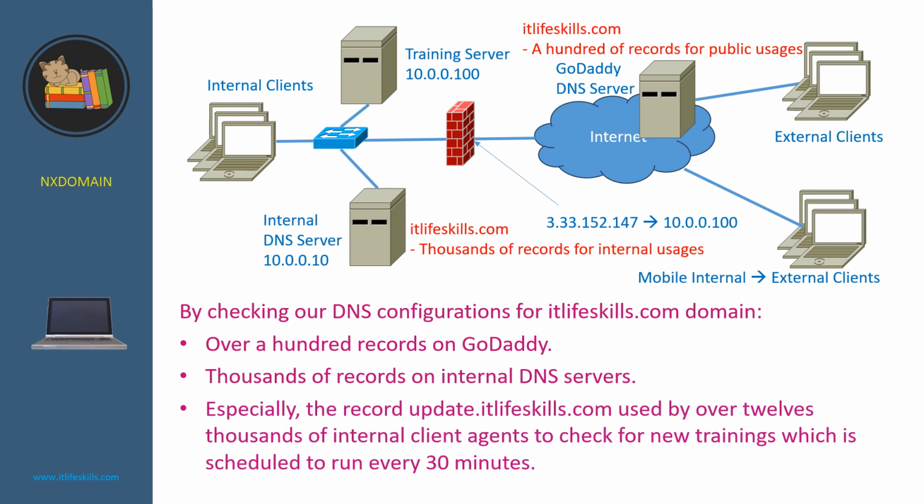Especially, we found the record for update.itlifeskills.com, used by over 12,000 internal client agents to check for new trainings, which is scheduled to run every 30 minutes, is the main cause of this issue.